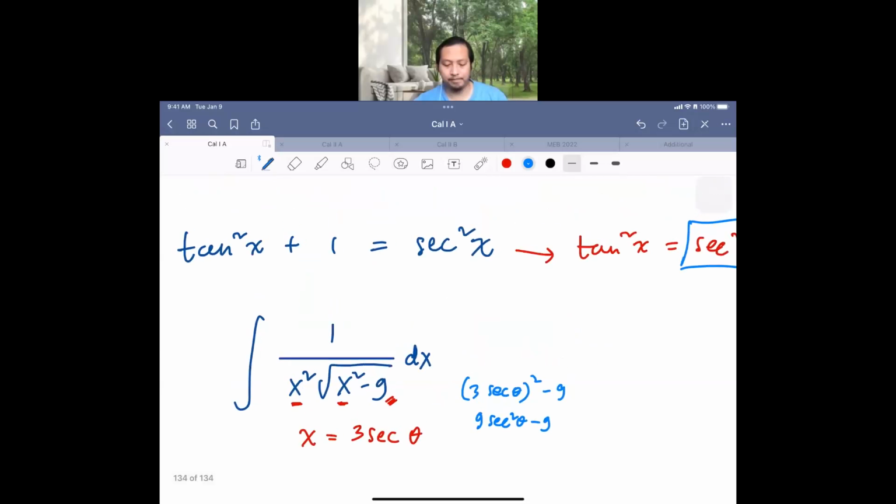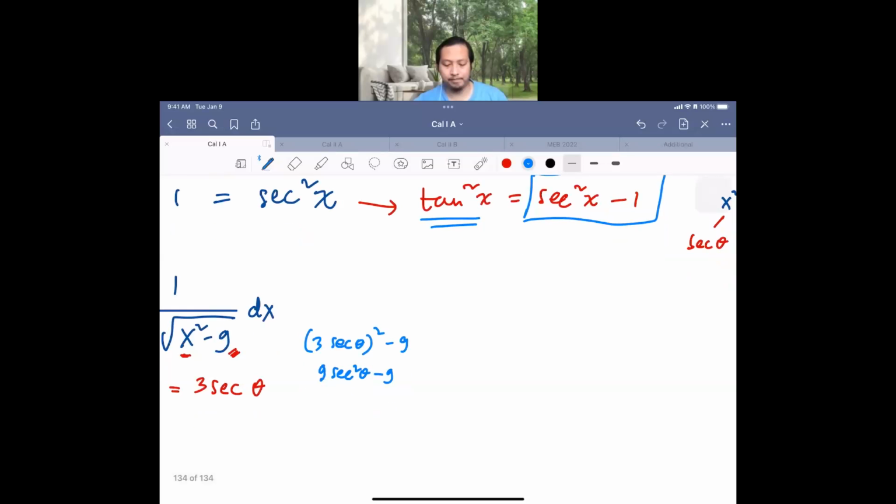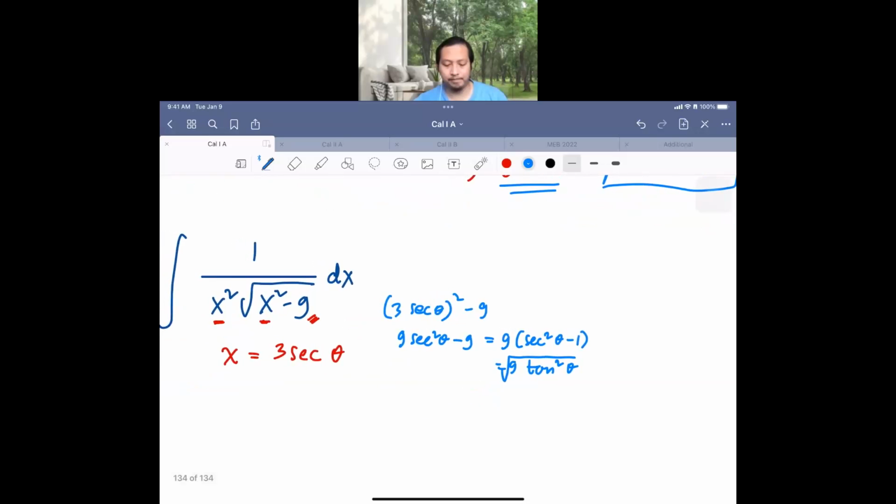This will turn out to be our tangent, right? So we could have this as 9 tangent squared theta, and it is still under the square root. So we will have 3 tangent theta.